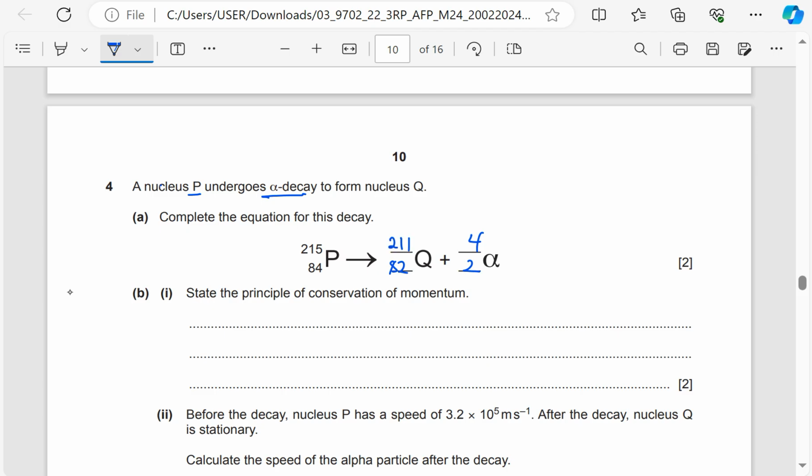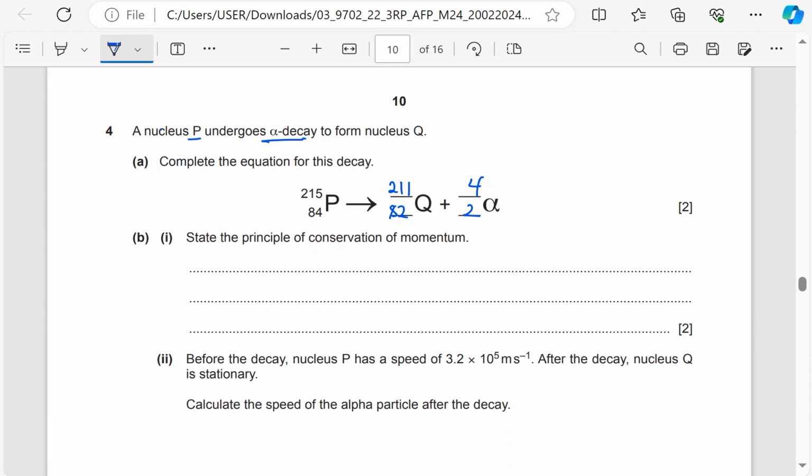State the principle of conservation of momentum. Of course, we know that for conservation of momentum, the total momentum of an isolated system of interacting bodies is always constant.